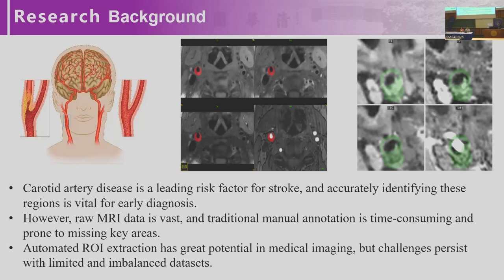However, for clinicians, precise localization of ROIs is vital for early diagnosis. However, it may cost a lot of time to detect the bifurcation of the carotid artery, while for existing deep learning methods, the diverse distribution of the plaque is also a huge challenge.